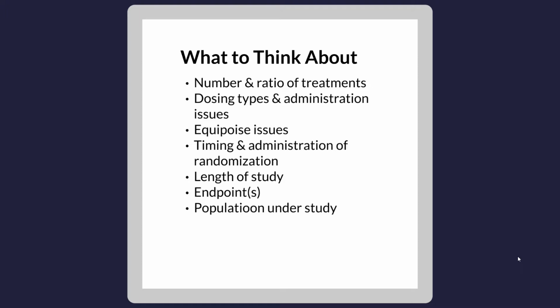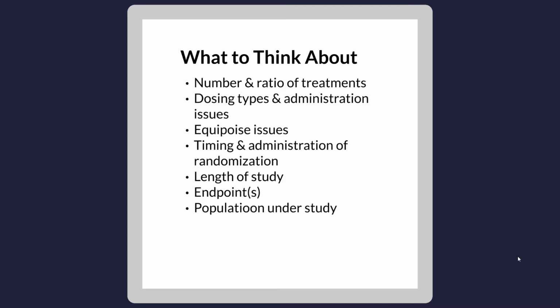If the new treatment arm, you're a little bit more uncertain about it, if you have more people in that treatment arm, you'll reduce the standard error, which helps with your estimation. So perhaps I want 2 times the people in the new intervention to every 1 person in the standard intervention. So think about the number and ratio of treatments.